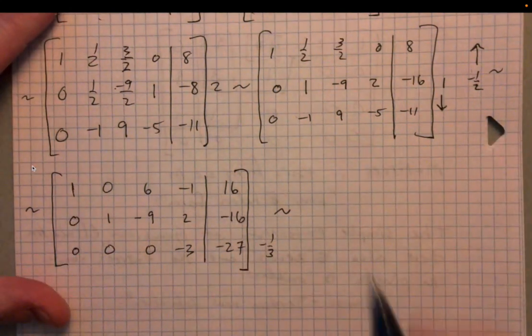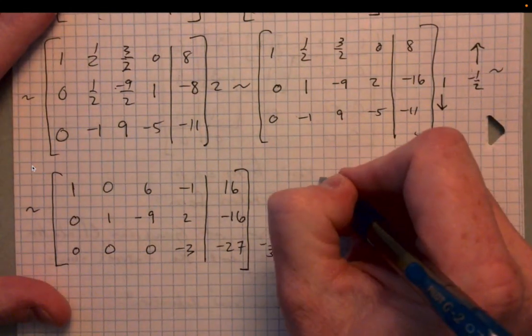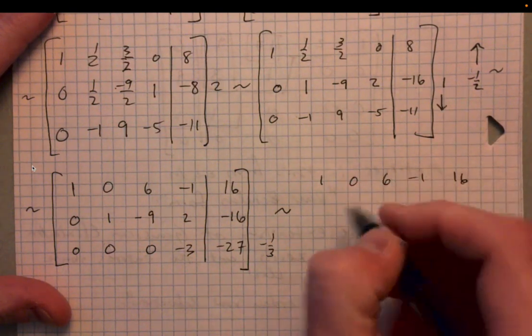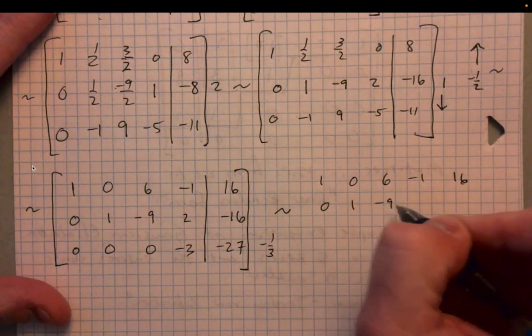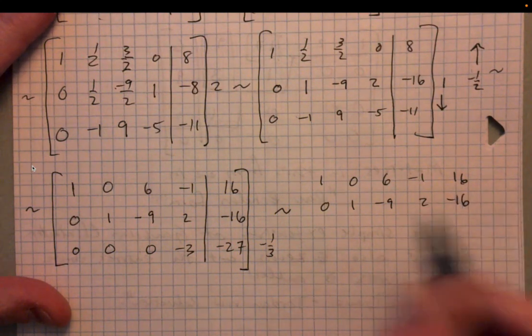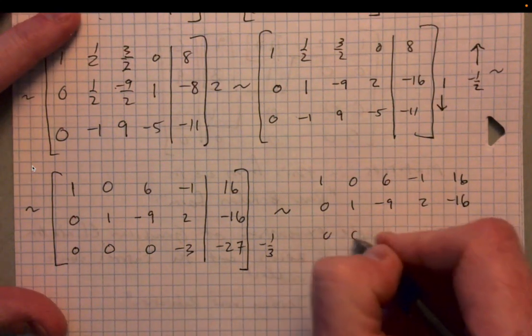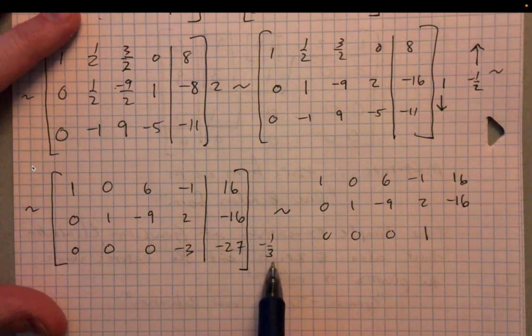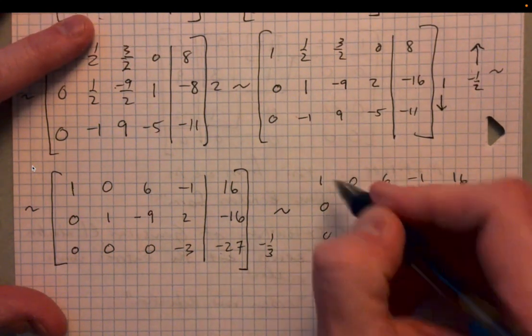Okay, so row 1 and row 2 will be unaffected here. So 1, 0, 6, negative 1, 16, 0, 1, negative 9, 2, negative 16. And then this will be 0, 0, 0, 1, and then negative 27 times negative 1/3 is a 9.